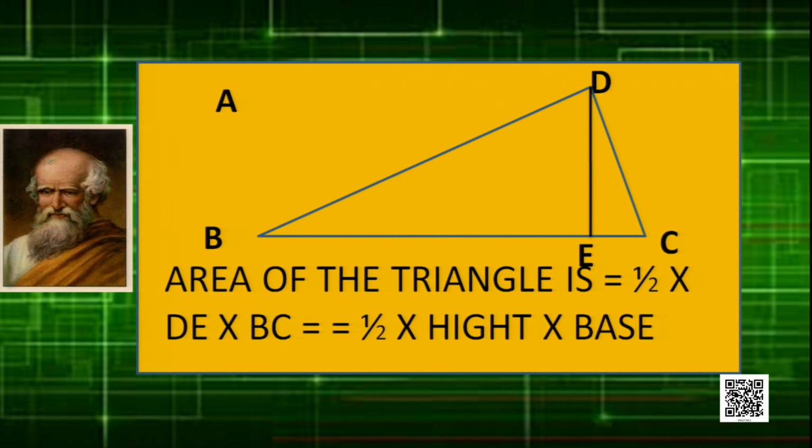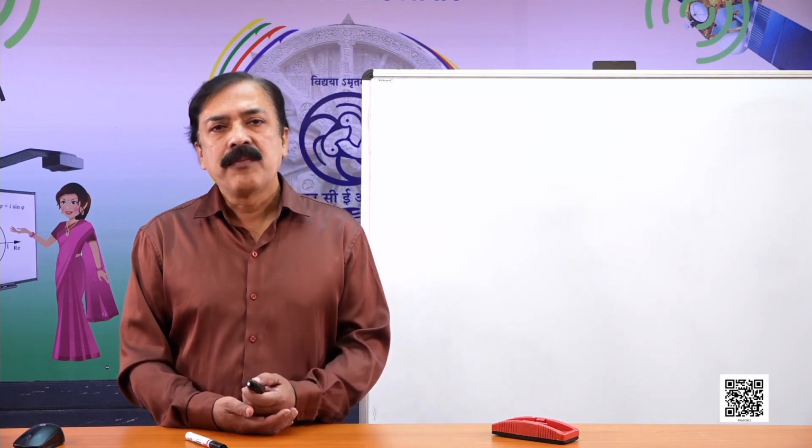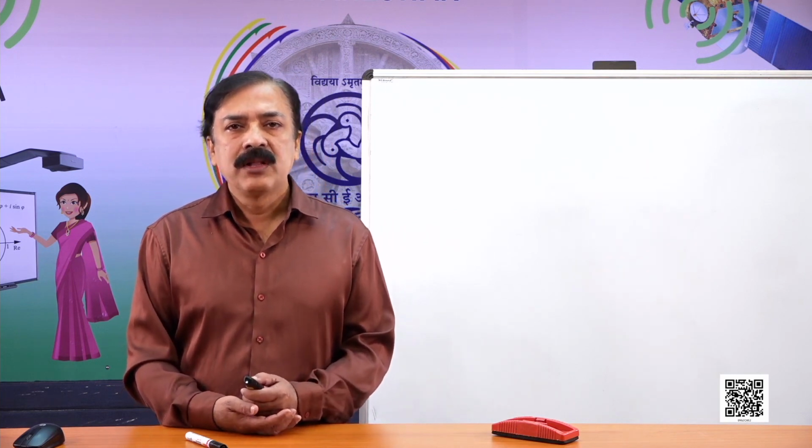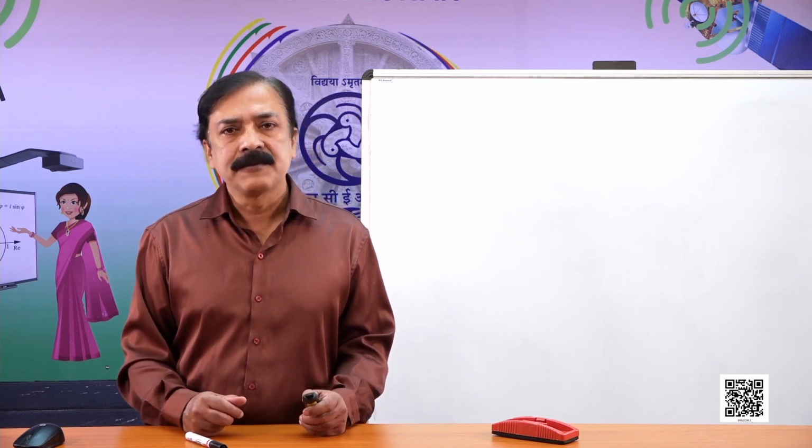What is DE? DE is the height of the triangle DBC and BC is the base. So this is a very popular formula. As you know, the area of a triangle is half into height into base.